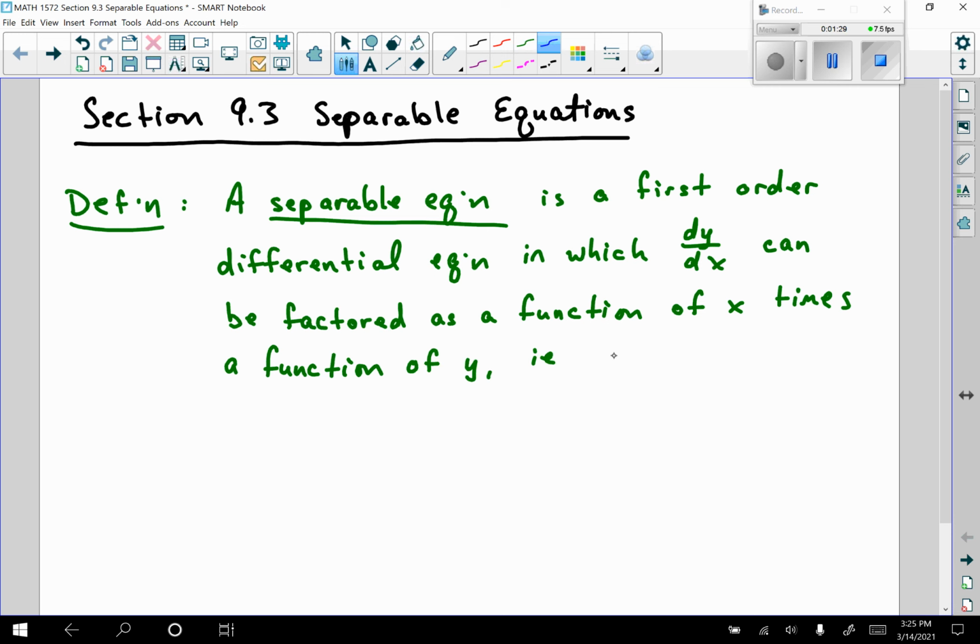For example here, say dy over dx, let's let it equal g of x times f of y. So it's a function of x times a function of y.